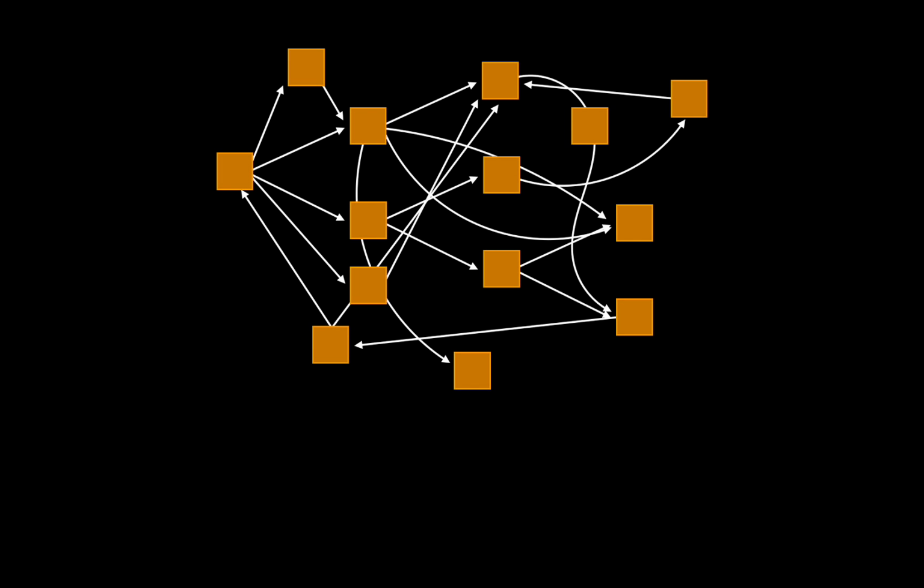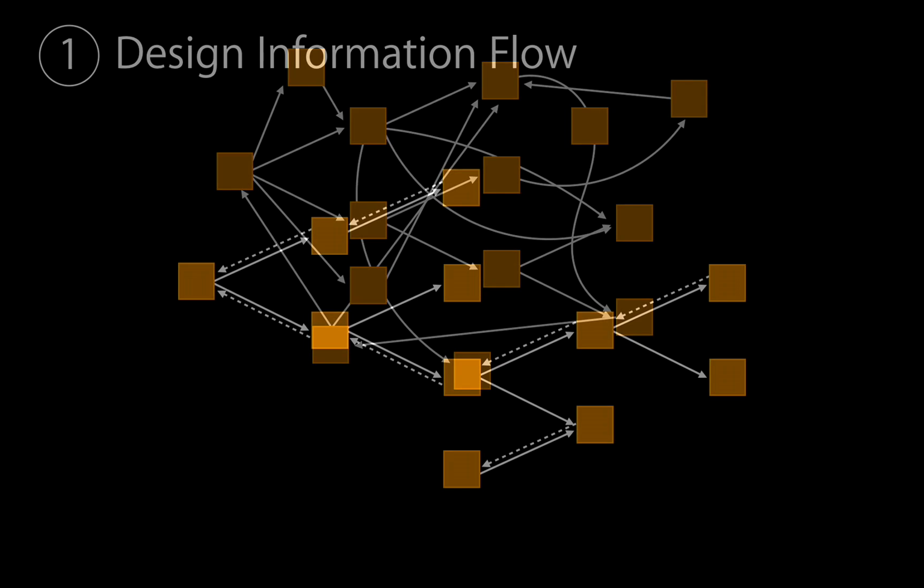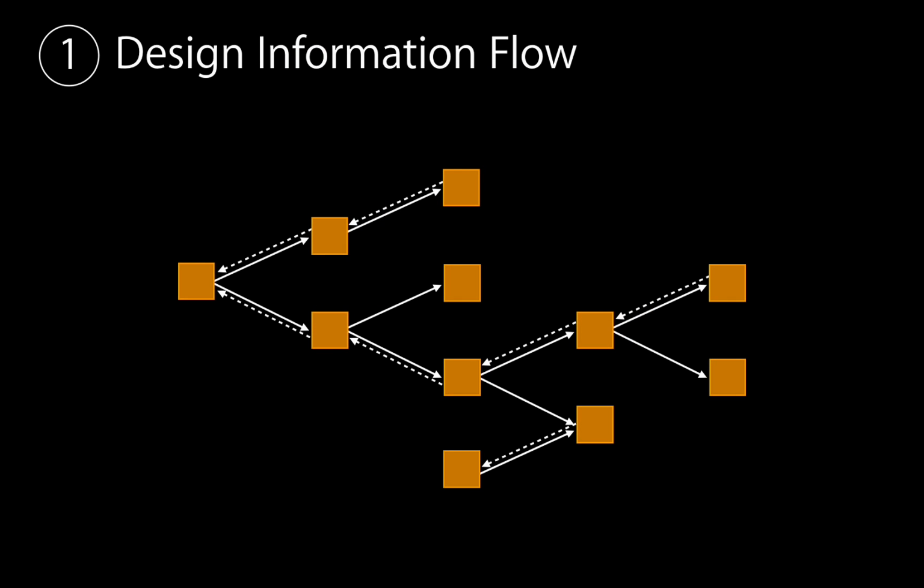All right, so today we're going to talk about three broad approaches that you can use to consider the complexity of your application and evaluate approaches to dealing with it. First, when we have tangled meshes of information networks like this, we're going to clean them up by actually designing the information flow in our application rather than just letting it grow ad hoc like a weed.